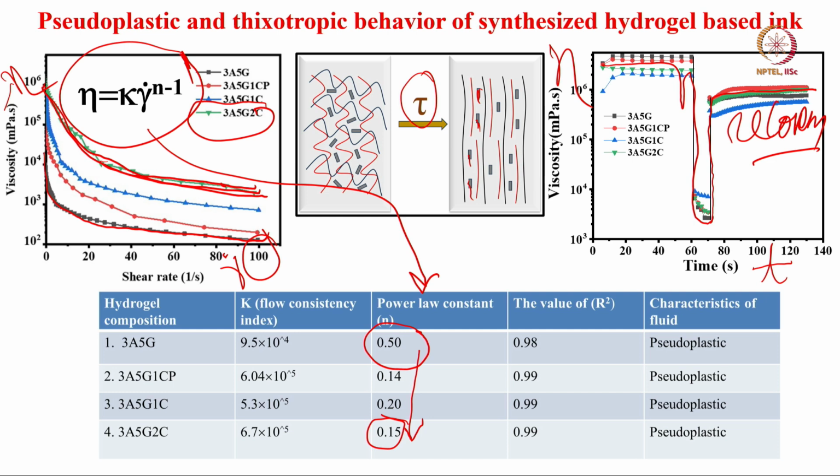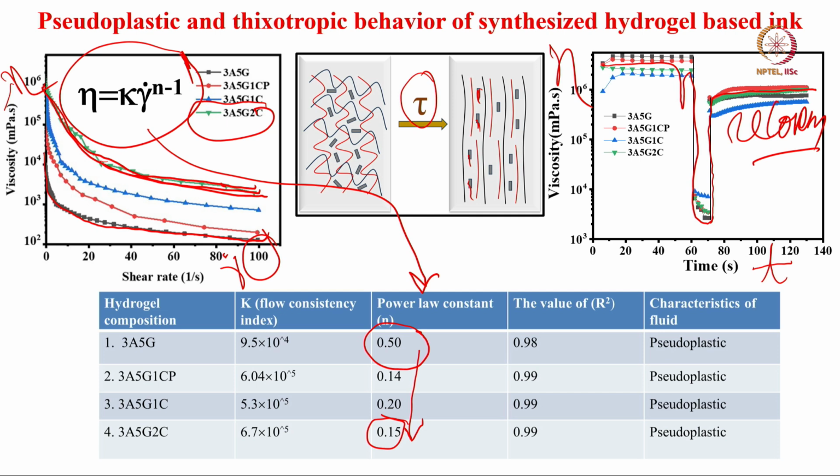What it means is that with the nanocomposite hydrogel ink formulation, not only are the mechanical properties like tensile or compression properties enhanced, but the power law constant also decreases quite significantly.